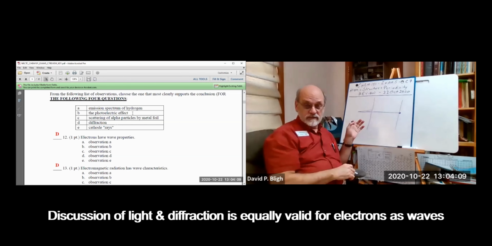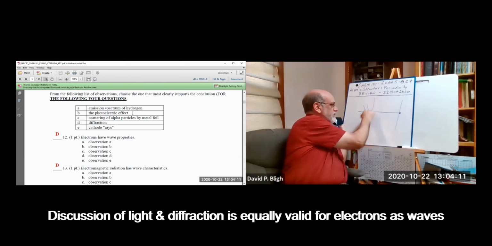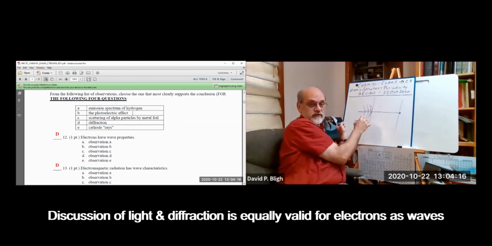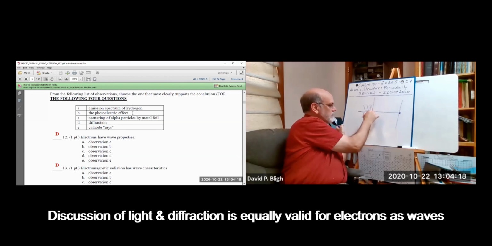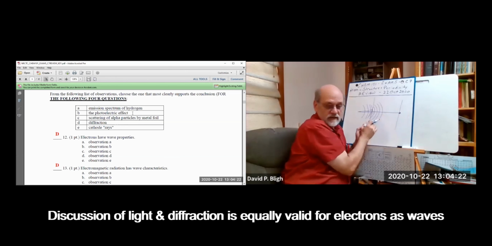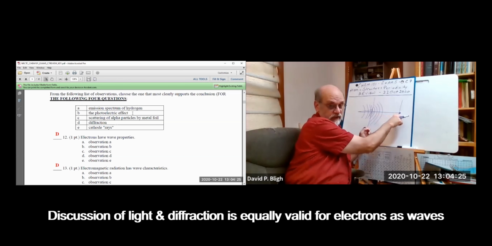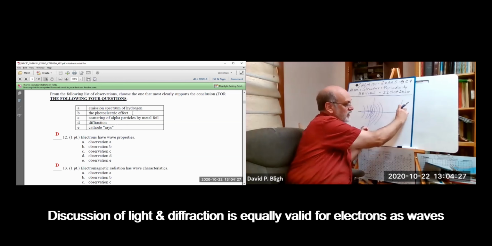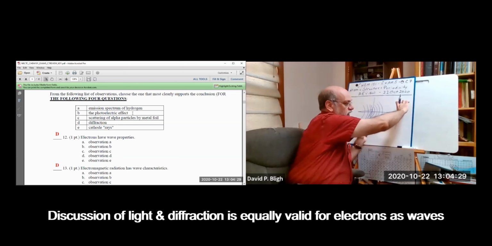However, if it's a wave, then as it strikes that barrier, this slit becomes a point source for the wave, and it spreads out. So when it gets here, it's brightest in the center, but you still get some detection further out.